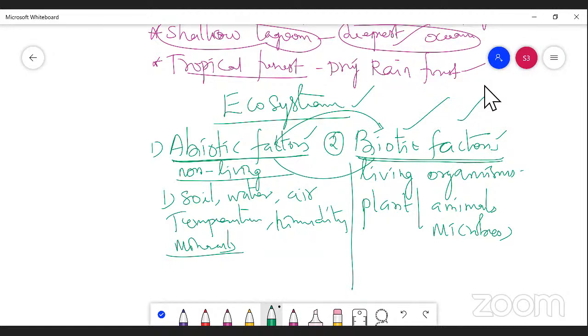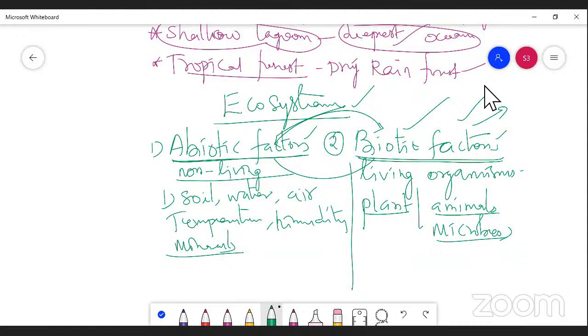Listen here. Biotic factors originate from abiotic factors. Plants, animals, and other microbes evolved from non-living organisms and abiotic factors. Understand? The biotic factors, which means plants and animals, get the required sources from abiotic factors.